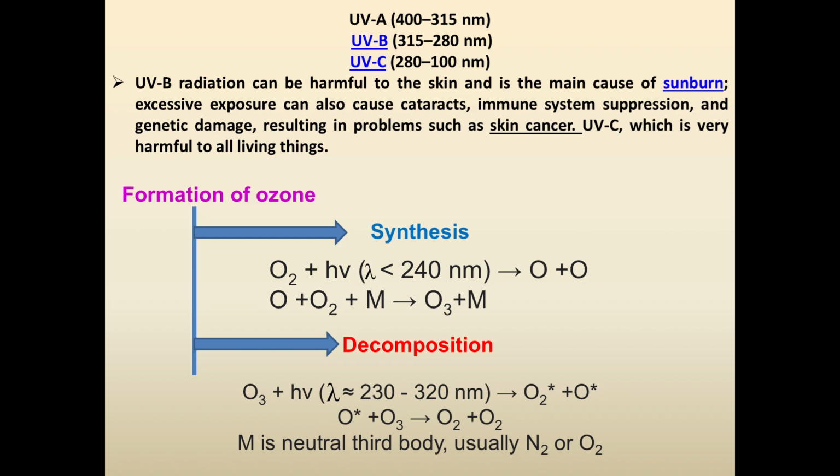It is the main cause of sunburn, and excessive exposure can also cause cataract, immune system suppression, and genetic damage. Genetic DNA changes and genetic mutation can also be triggered by the effect of UVB.